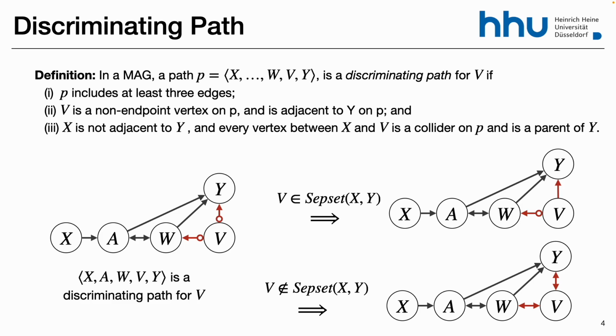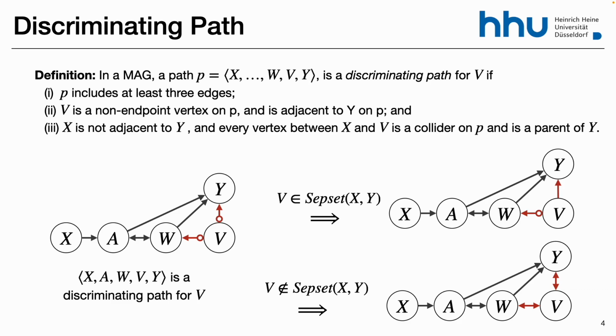I'm giving you the graph, so you know how to identify a discriminating path in this graph. This is going to be useful later when I apply the theorem. Later, the discriminating path is also a pattern that you use to learn this from data. So this definition of discriminating path is going to be used for more than just the theorem.